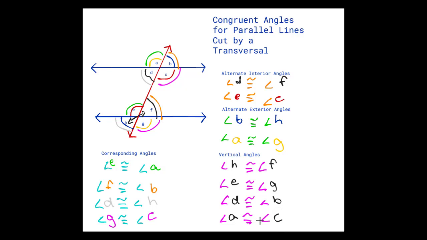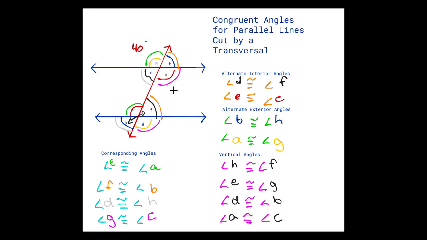So how does this help us knowing that information about congruent angles? All right, let's look at an example. Let's say that angle A is 40 degrees. Well, we know that vertical angles are congruent.